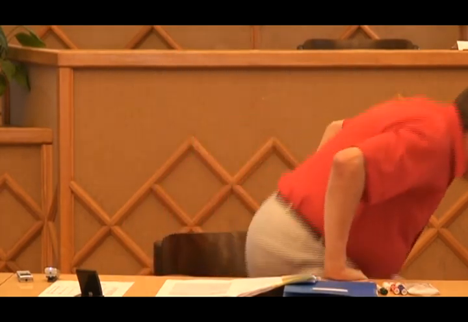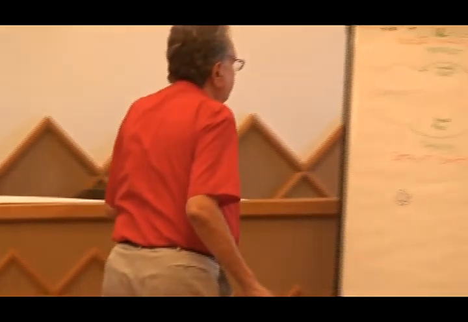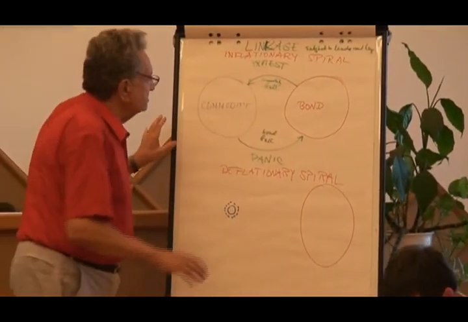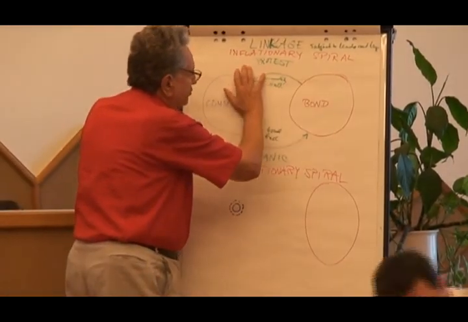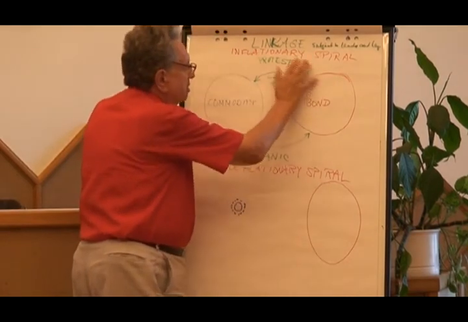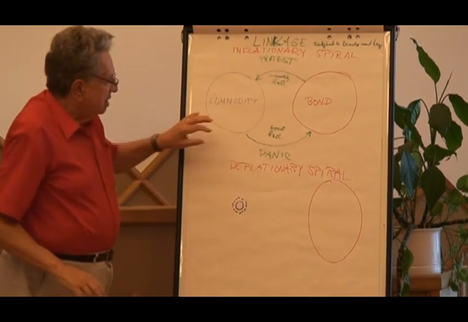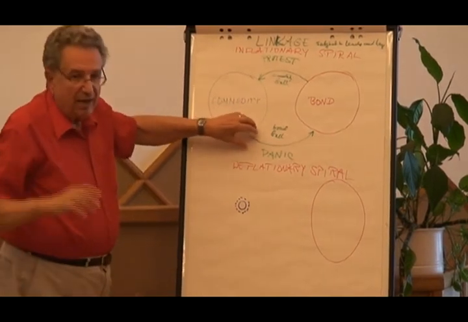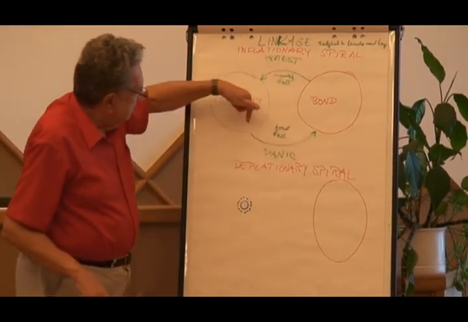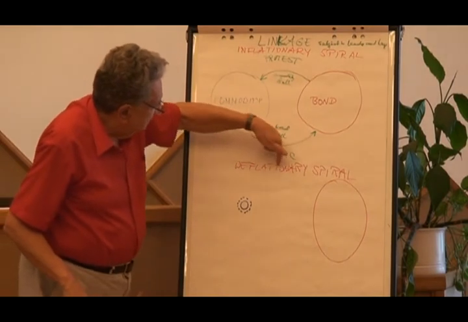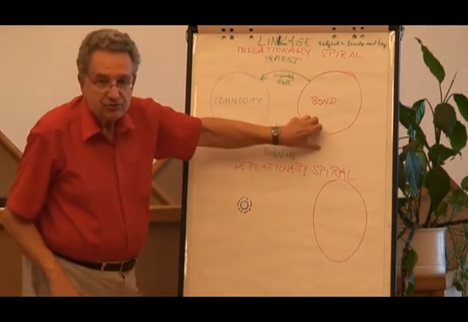And this is something I did not emphasize sufficiently when I gave you this model. But the fact is that both these flows are very damaging. It's very widely recognized that the panic and deflationary spiral is very damaging.